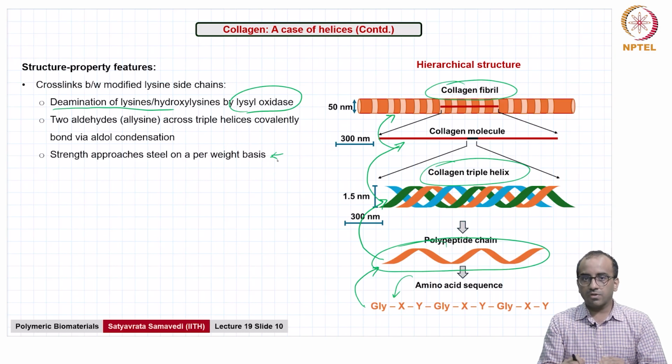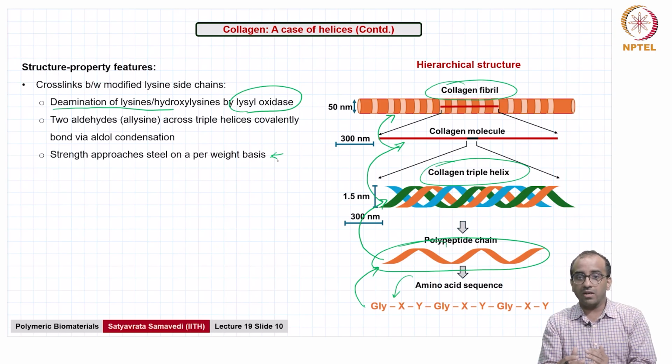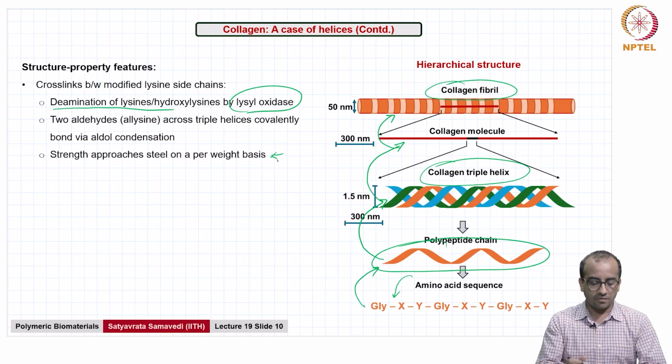One reason for this very strong tensile property is the hierarchical structure, the crosslinks, and the triple helix, with each of the helices being left-handed and all of them intertwined. So, multiple reasons for why collagen derives its strength.